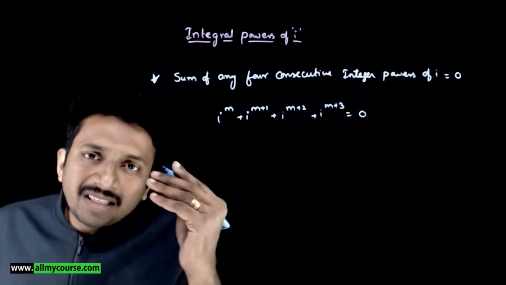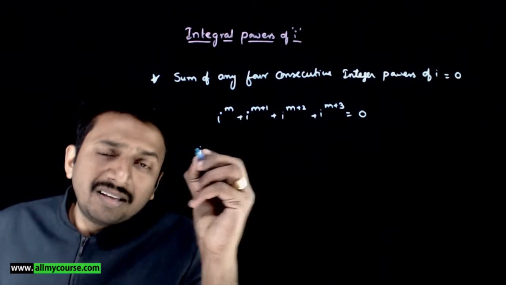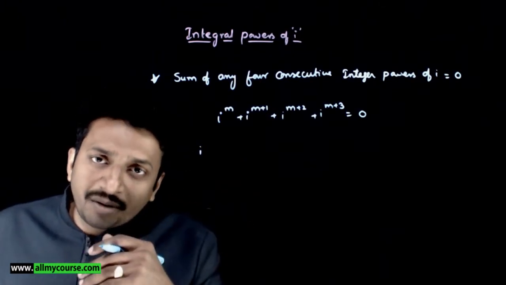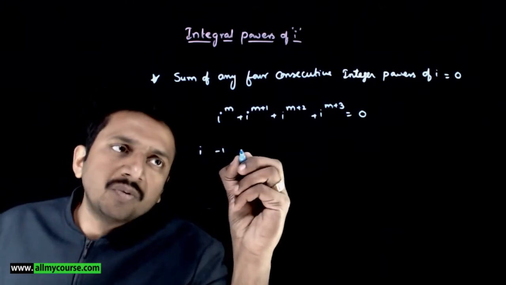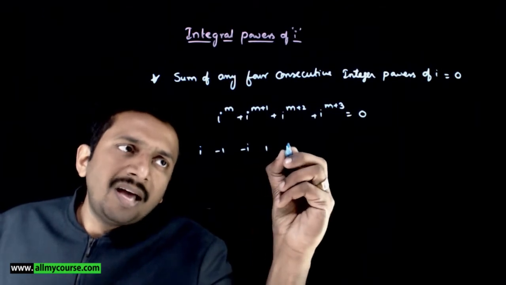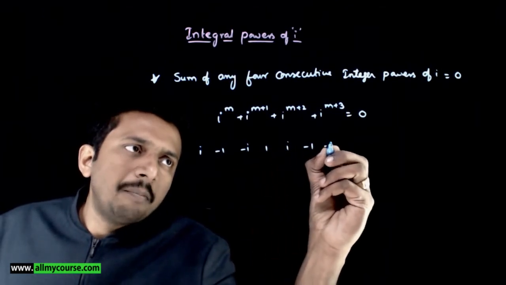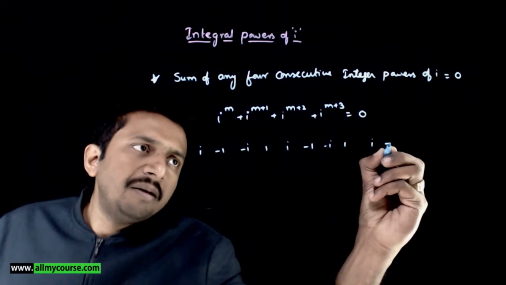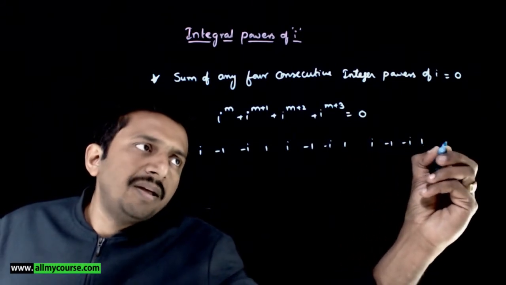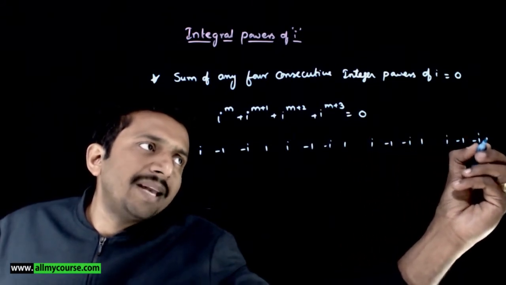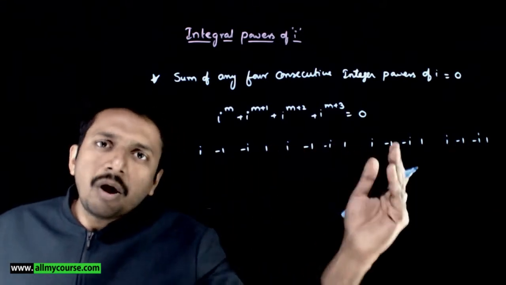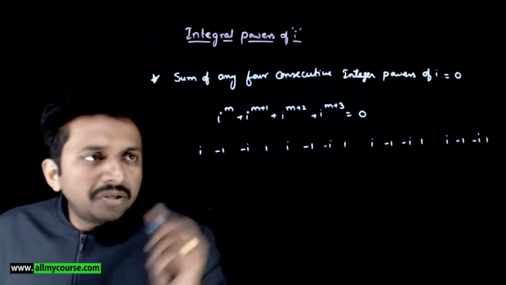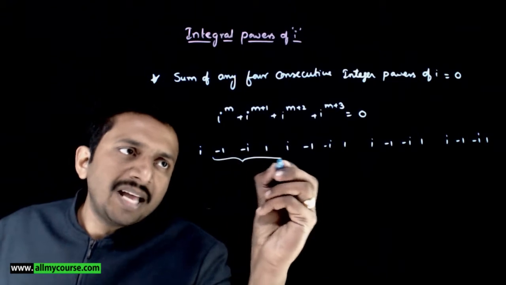If you take the powers of i, they repeat after every 4 interval. So i, minus 1, minus i, 1, i, minus 1, minus i, 1, and so on. These are the consecutive powers of i. So take any 4 consecutive powers starting from any point.